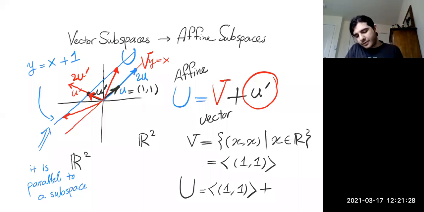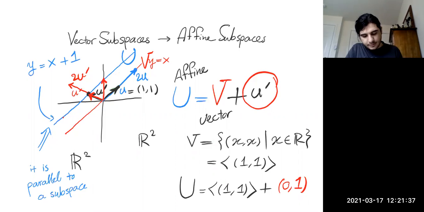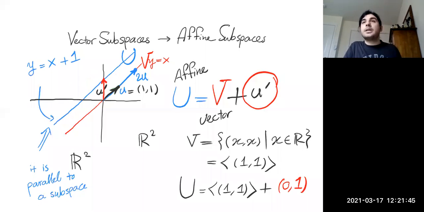For example, one of them is (0, 1), this one. I would erase the others and take the simplest one. So that's how we can present U, and this is parallel to the vector space V.